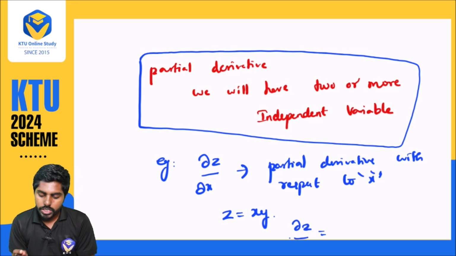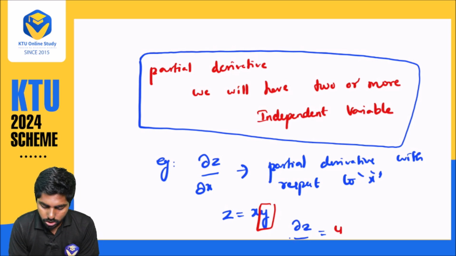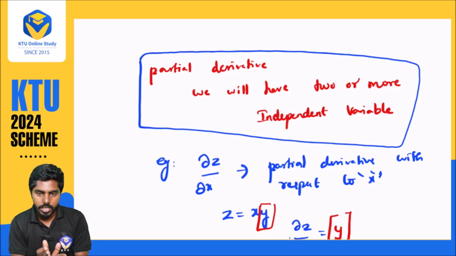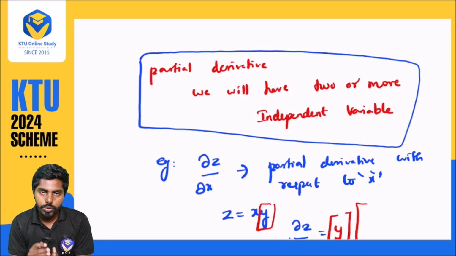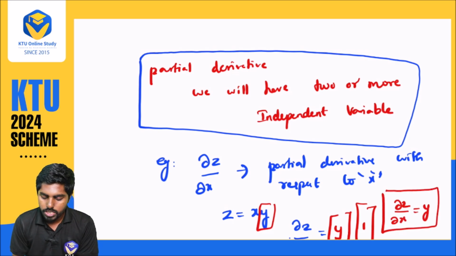I want to treat the other term as a constant. Here the other term is y, so I am taking y outside as a constant. What is the differentiation value of x? It is 1. So dou z by dou x is nothing but y.